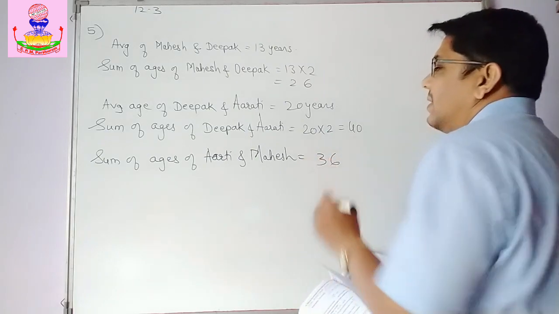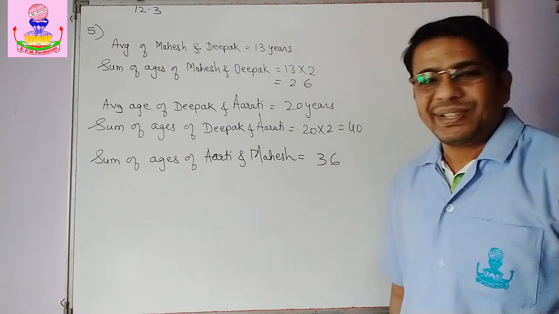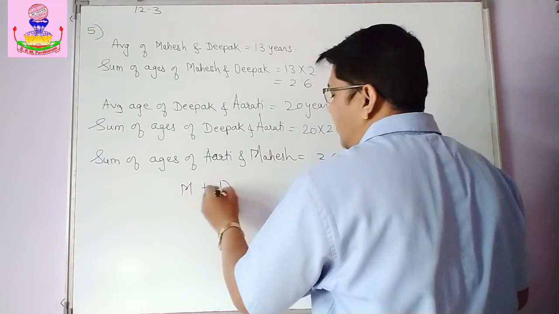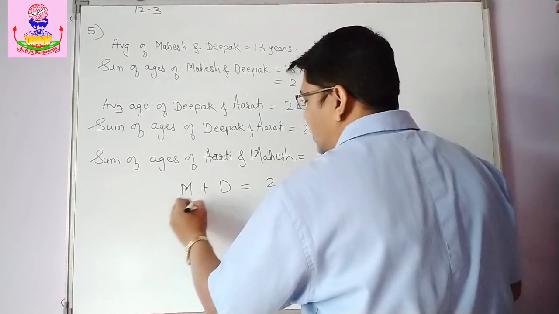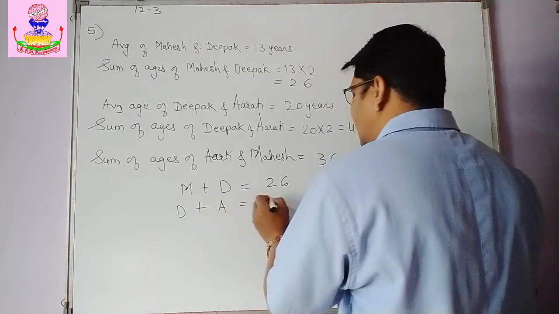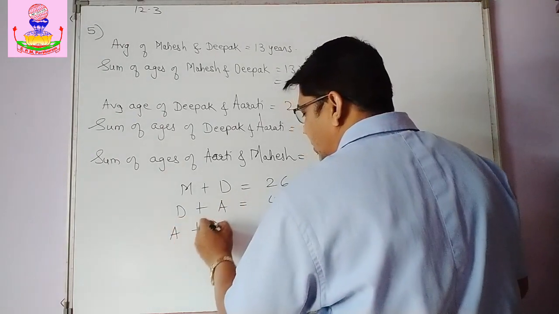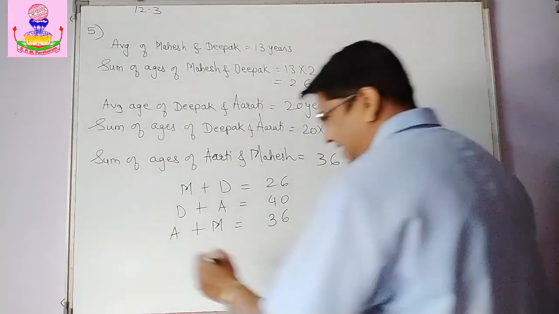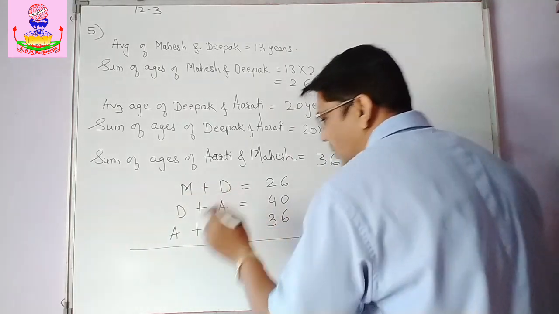36. Now see, what you do, add all the sums. See, I am writing shortcuts. Sum of ages of M plus D is 26. Sum of ages of Deepak plus Aarti is 40. Sum of ages of Aarti plus Mahesh is how much? 36. Add them all. See what happens. See here, 2M, 2A, 2D.